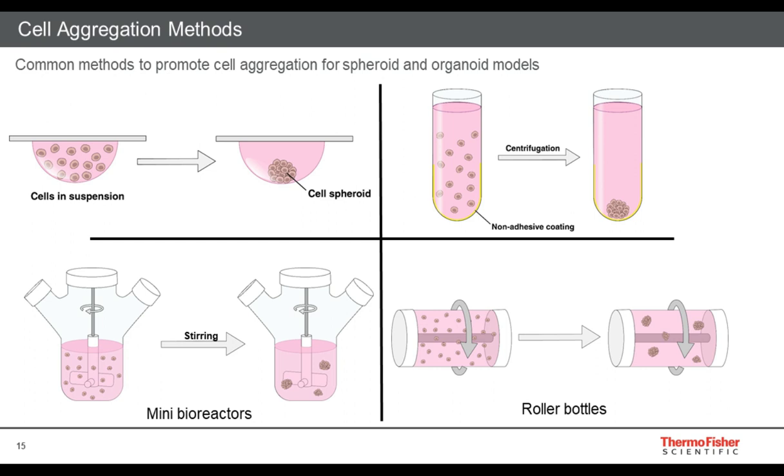Other types of formats that are used to aggregate cells, either cell lines or pluripotent stem cells, or also for long-term culture of them, are things like mini bioreactors or spinner flasks. These are things that you may not have as a standard cell culture vessel in your cell culture hood.